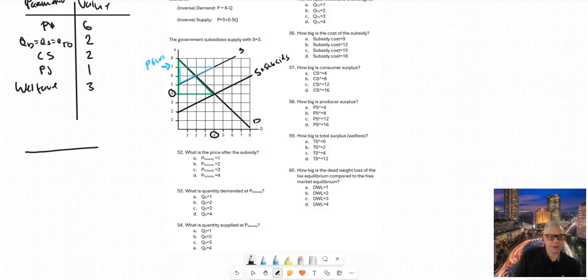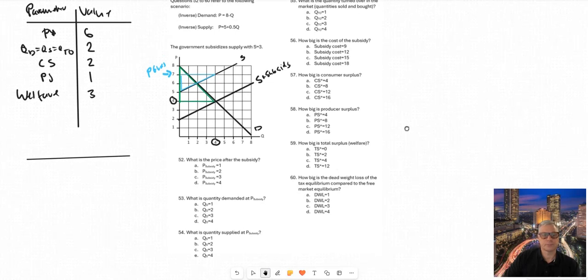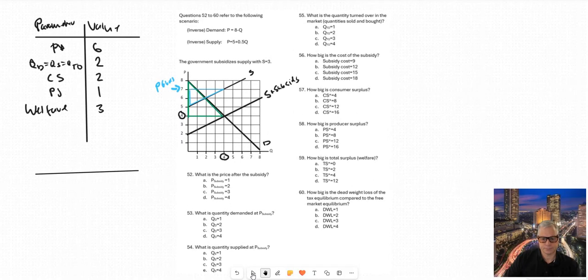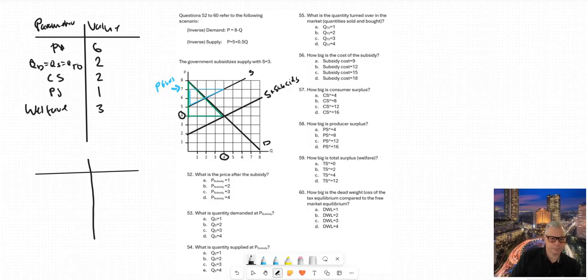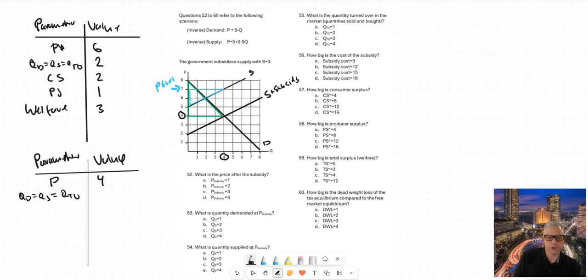Okay, so let's already summarize what we have so far. The new price is 4, and quantity demanded equals quantity supplied equals quantity turned over, that's 4.